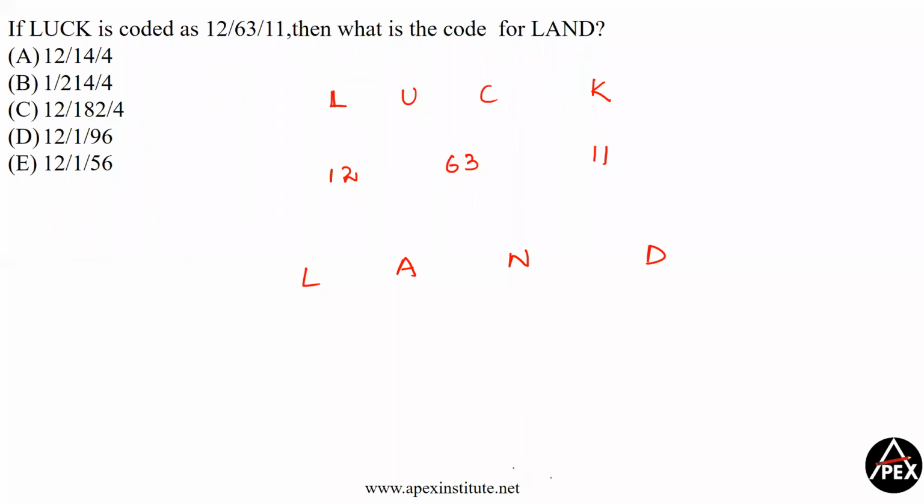The number corresponding to L is 12, U is 21, C is 3 and K is 11. So if you observe, this 12 remains 12, this 11 remains 11. So how did we get 63 here? 21 into 3 is 63. Now let us assume this logic and find how LAND will be coded in that language.